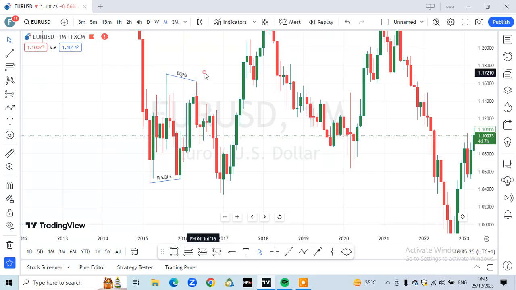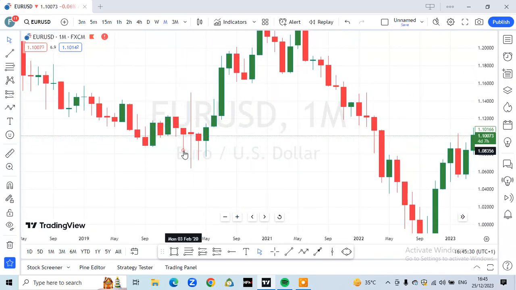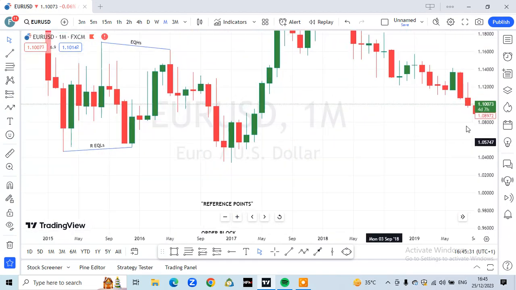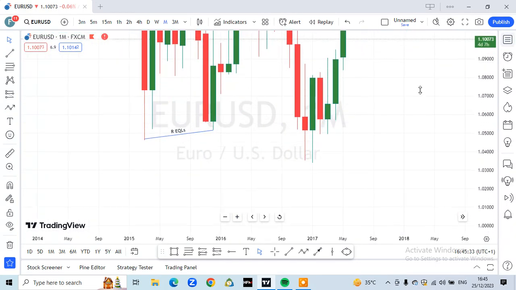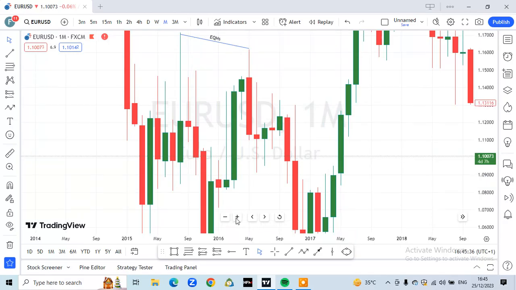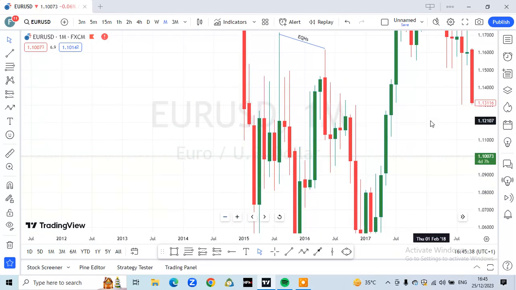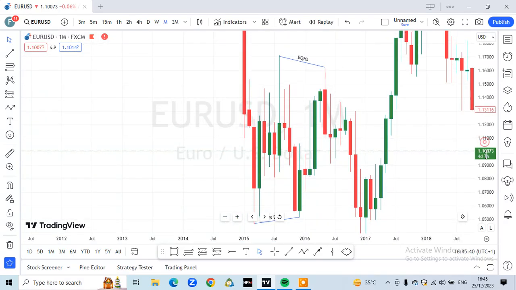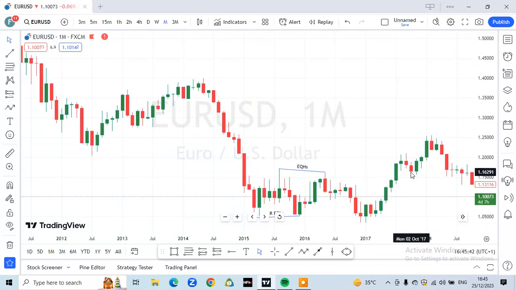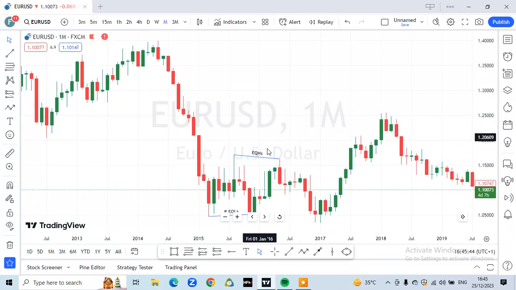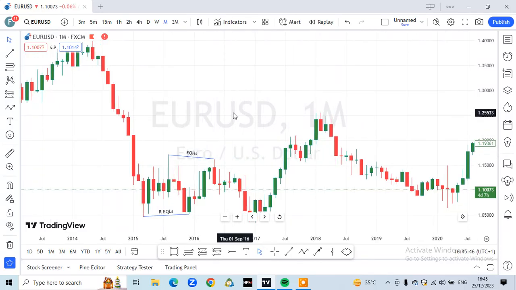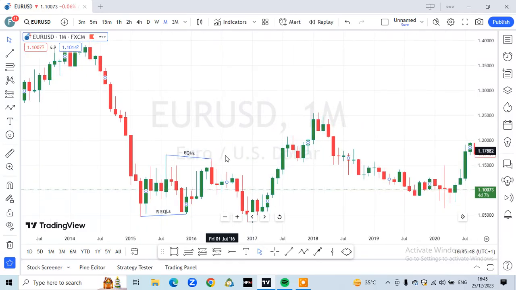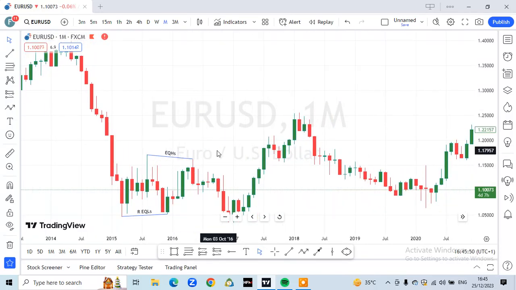You get it? Yes, these are another equal highs. So most times market makers like to hunt all of these places, knowing so well that there's money inside it. There's money here. There's money here.